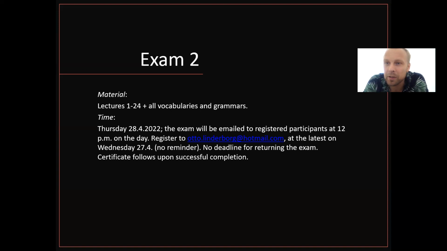So if you like to continue studying Greek at some university, you can use this certificate to get credits as well. Of course, you have to negotiate it with your home institution in that case.